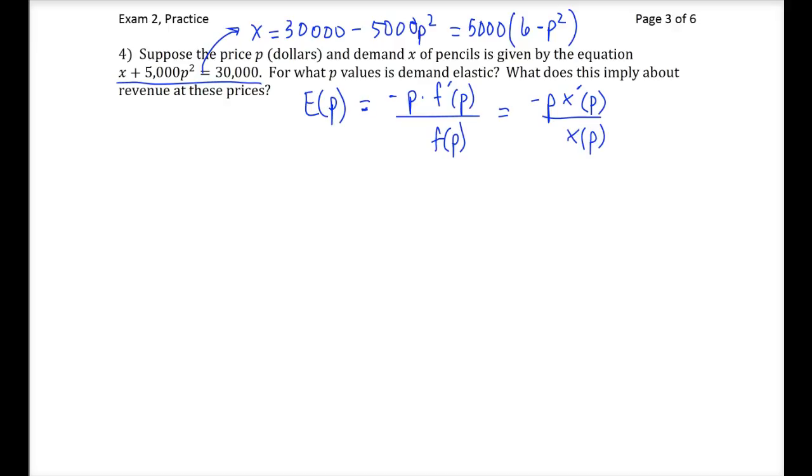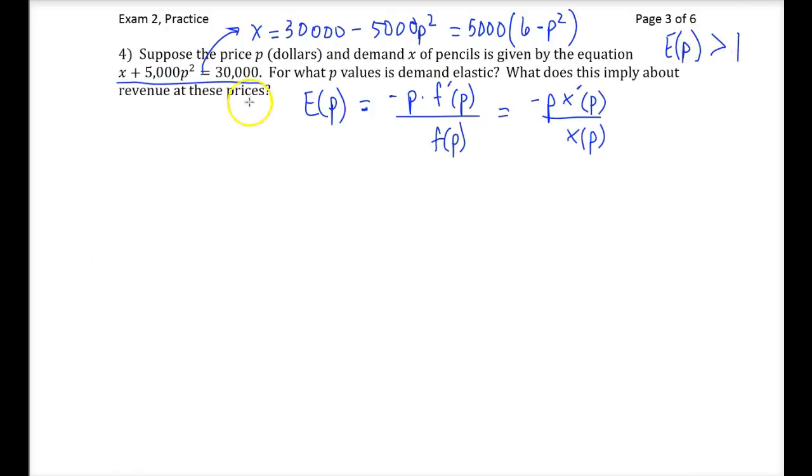All right, so now that we have an idea of what elasticity of demand is, we want to know for what values of P demand is going to be elastic. What we're really asking in this case is, when is elasticity of demand going to be greater than 1?